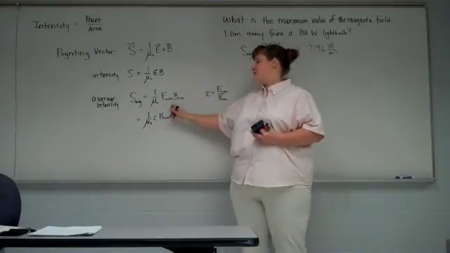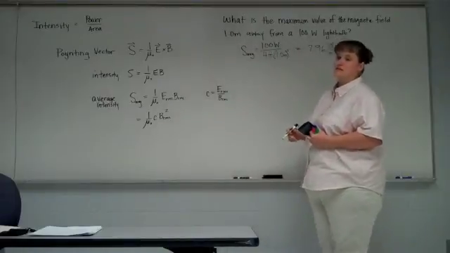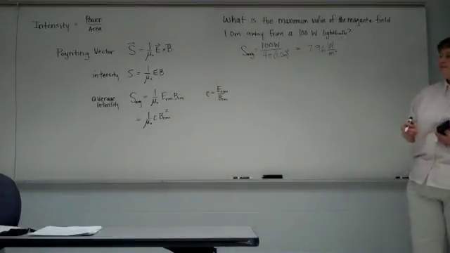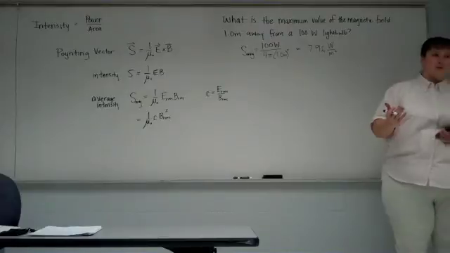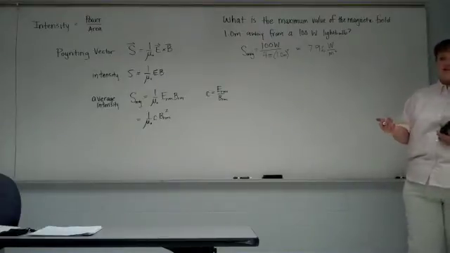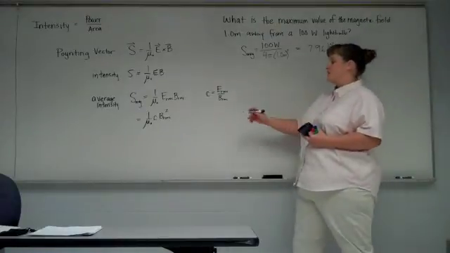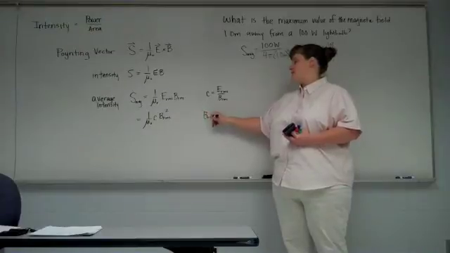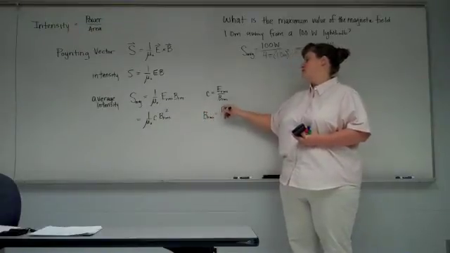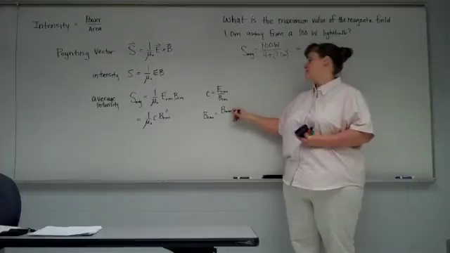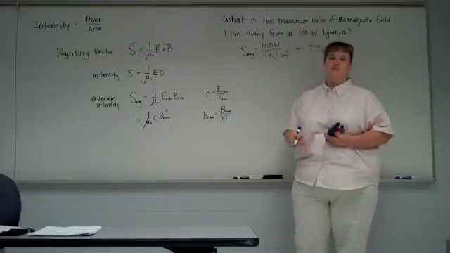But we have another B RMS, so that's B RMS squared. But that's not what we want. We don't want the RMS value, we want the max value. We know that B RMS is equal to B max over the square root of 2.